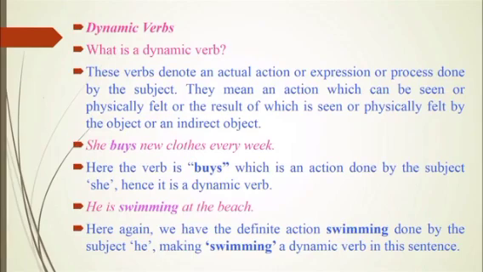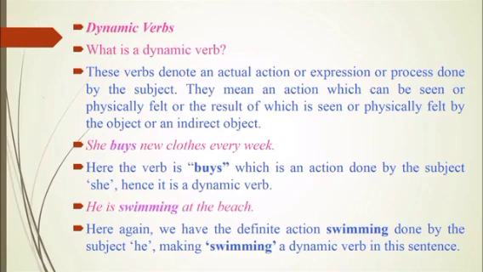These verbs denote an actual action or expression or process done by the subject. They mean an action which can be seen or physically felt, or the result of which is seen or physically felt by the object or an indirect object.